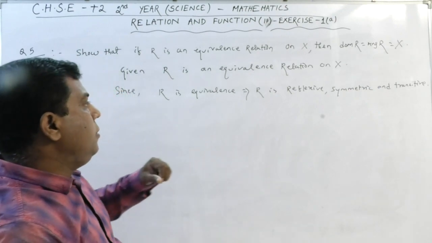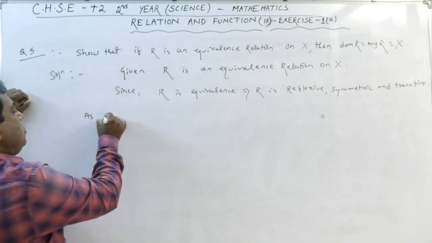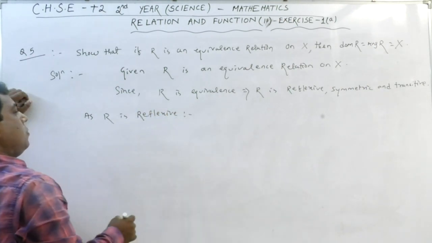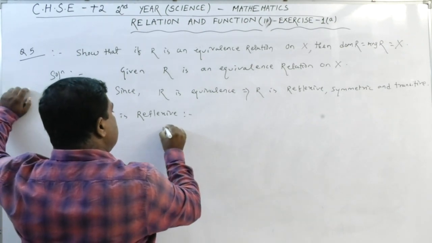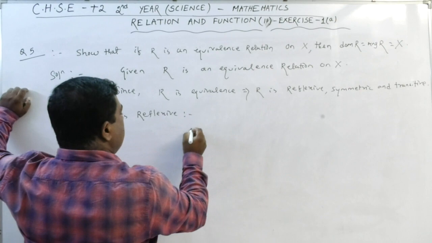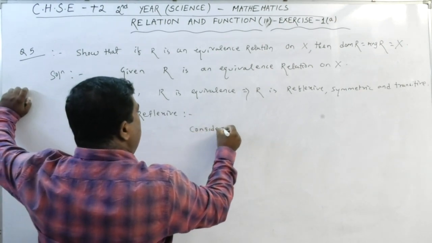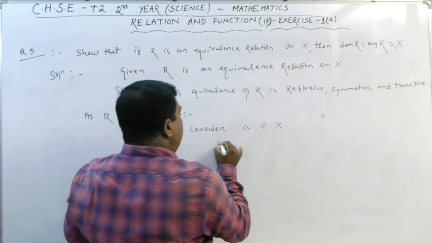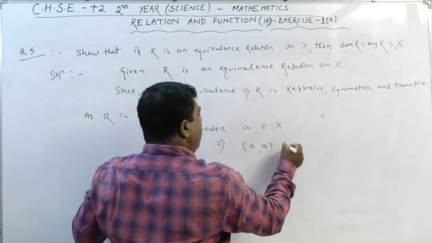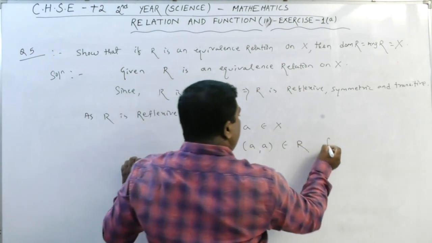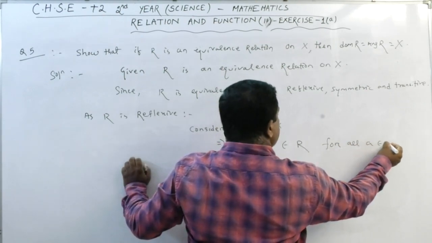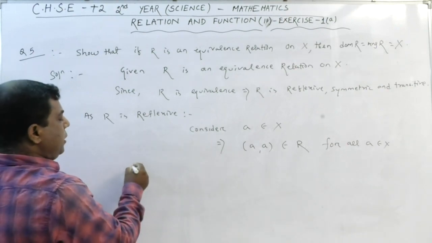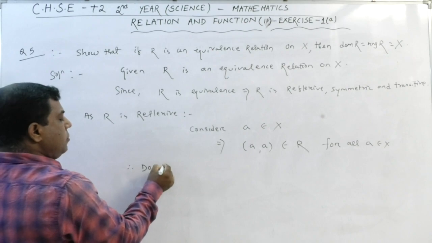Now, as R is reflexive, what does it mean? Hence, consider a belonging to X, a is an element of X. That implies the ordered pair (a, a) belongs to R for all a belonging to X. Therefore, the domain of R equals what?